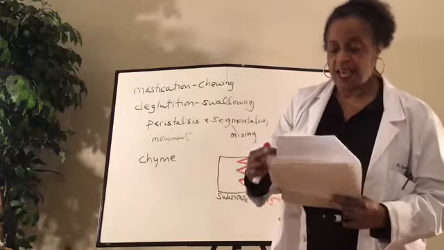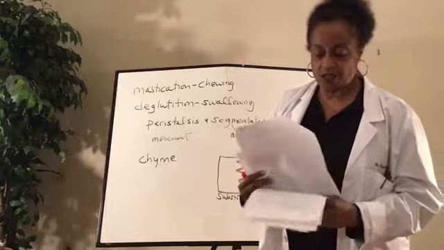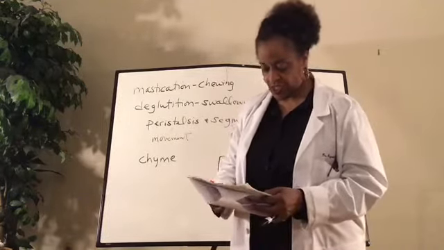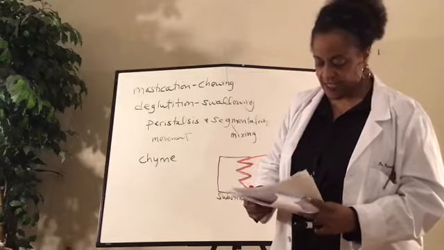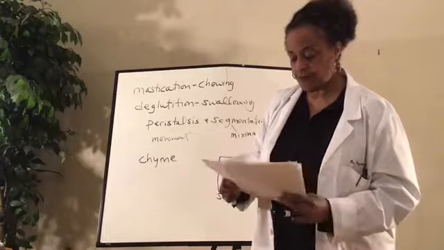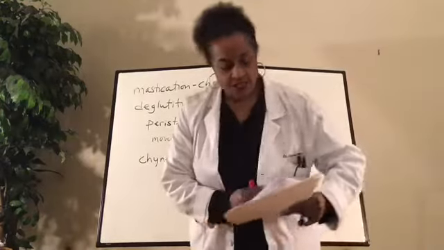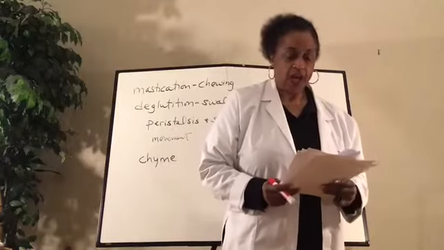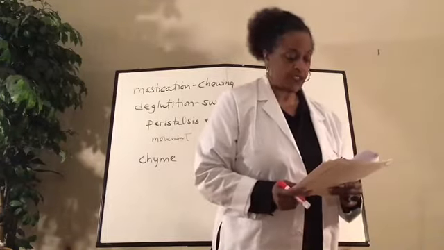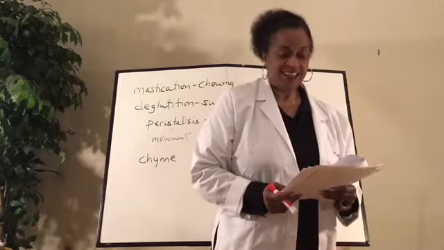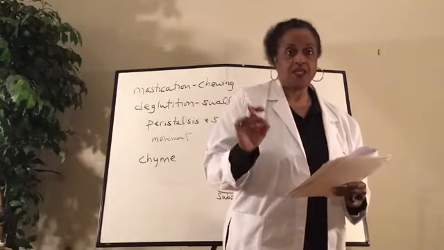So now we're going to go into all the different types of digestive enzymes. Let's take a look first at protein digestion. You have very large molecules made up of hundreds of folded or twisted chains of amino acids. Proteases, you see the word protein, and ase.